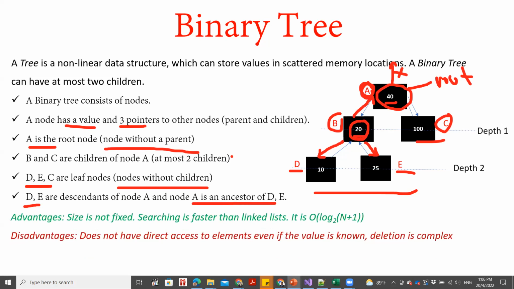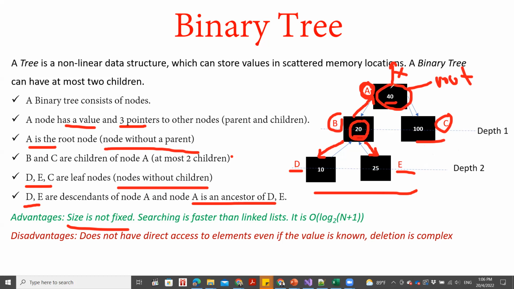Okay. Advantages. So a couple of advantages. Again, the first thing, size is not fixed, right? That's one of the main advantages. Size is not fixed. You can have as many nodes as you want. When you add nodes, the tree will grow, right?